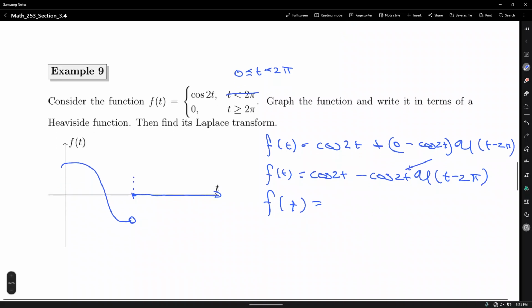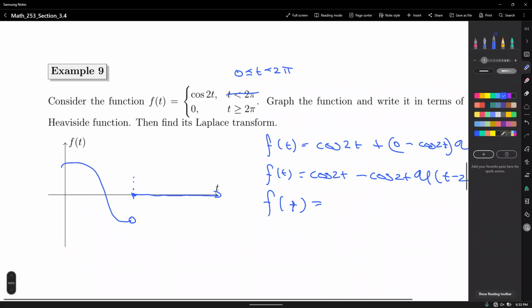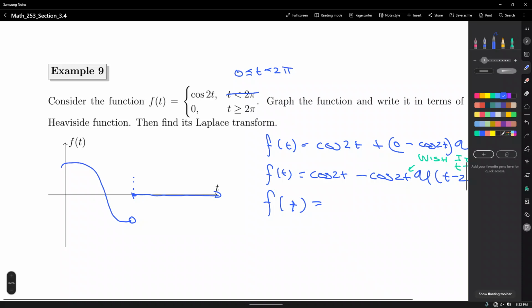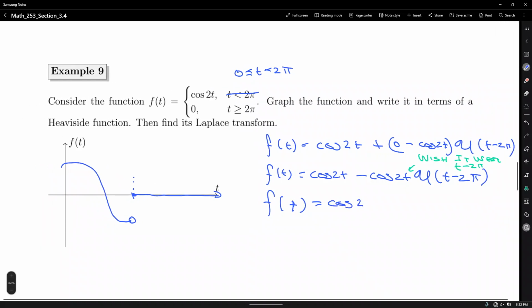So again, let's write our wish: wish it were t minus 2 pi. Let's make our wish come true. Cosine 2t minus cosine of 2 times t minus 2 pi, times u of t minus 2 pi.